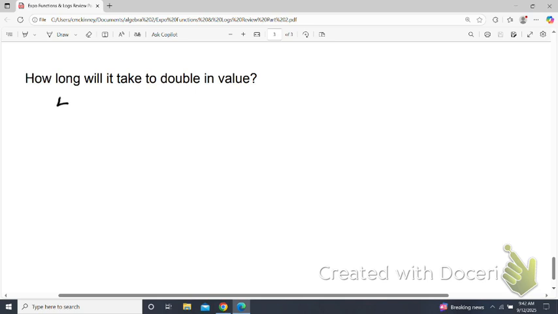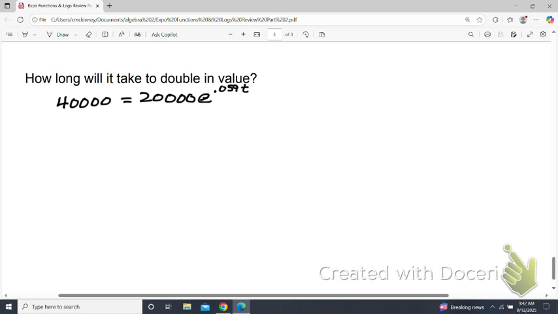Double in value in this case would mean it's going to be worth 40,000. It's starting out at 20,000. And then we have our E. In the power, we have 0.059. We do not know time. Okay.